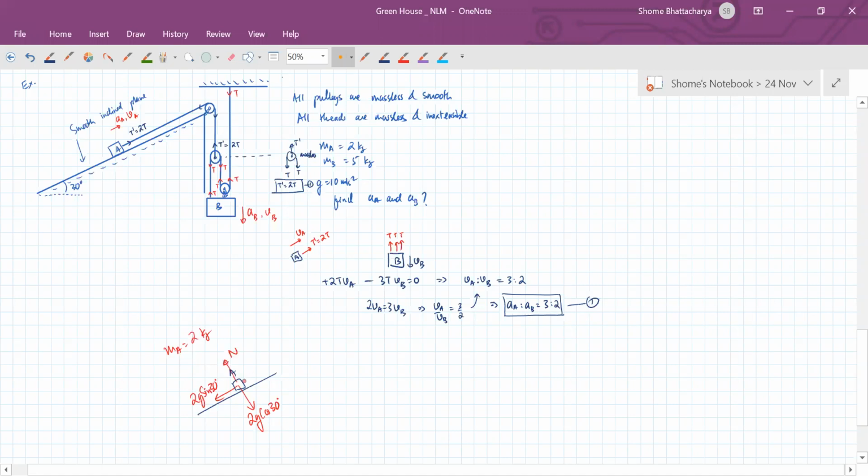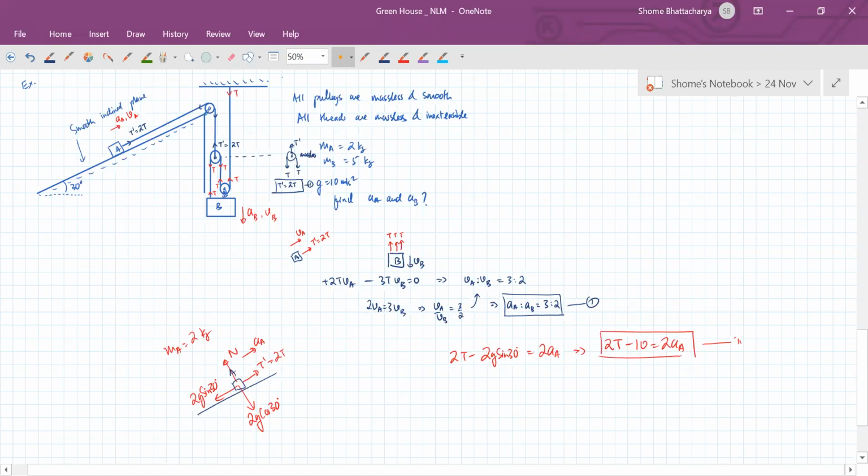Some kind of normal reaction, you have tension 2T and you have acceleration of A. So you have 2T minus 2g sin 30 is equal to 2 times acceleration of A, or 2T minus 10 is equal to 2 times acceleration of A. So that's our second equation.